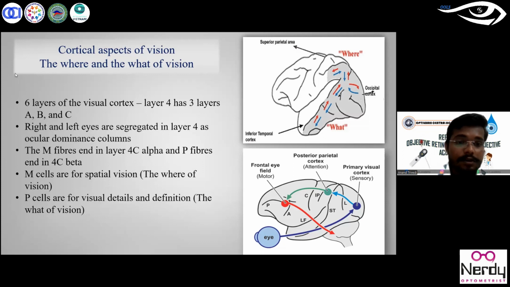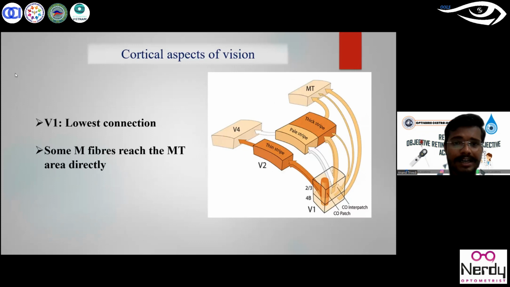M cells are for spatial vision, the where of vision, and the P cells are for visual details and definition, the what of vision. So what are the cortical aspects of vision? You may ask me, why is it important to know all these things when you use orthoptics? The answer lies in understanding further.